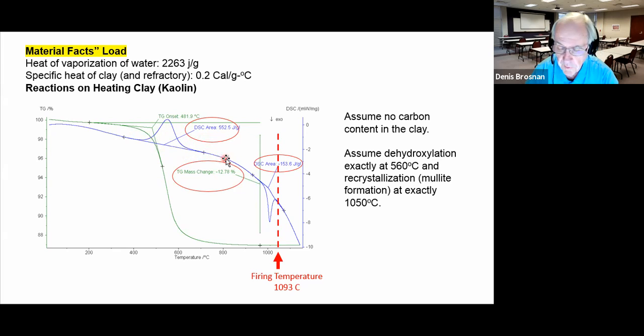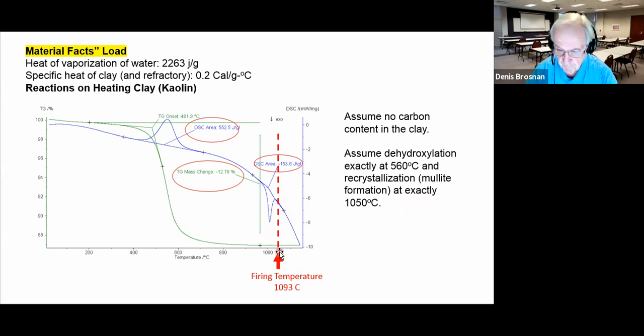And this is kaolin, and as is typical of kaolins, it's going to go through a primary mullite formation, and it does up here, and we can measure the exothermic reaction due to the formation of the mullite. We're going to assume the formation of the mullite is exactly at 1050 degrees Celsius, even though you could see on heating it occurred over a little period of time.